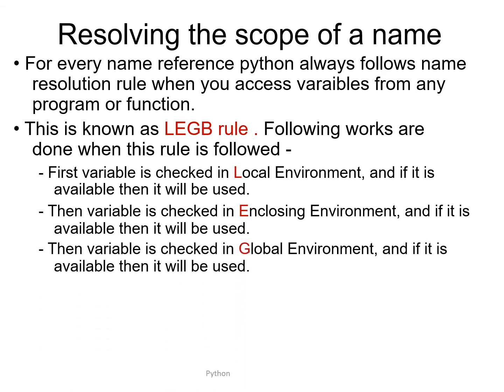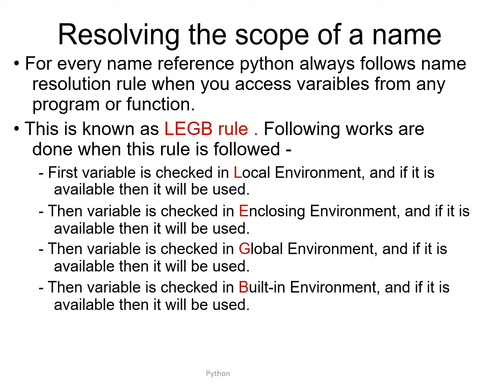Now if it is not available in the enclosing environment, then the variable is searched in the global environment, and if it is available then it is used, and if it is not available then the variable is checked in the built-in environment, and if it is available then it will be used, and if it is not available there also, then Python will generate an error.